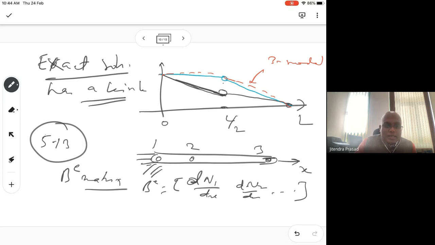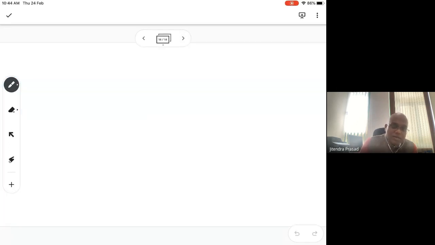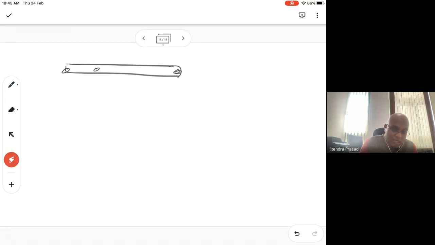Then if ux in part B is given by half x squared at the nodes, then it is asking you some question. So basically here the idea is to explore when the nodes are not equally distant from each other, right?